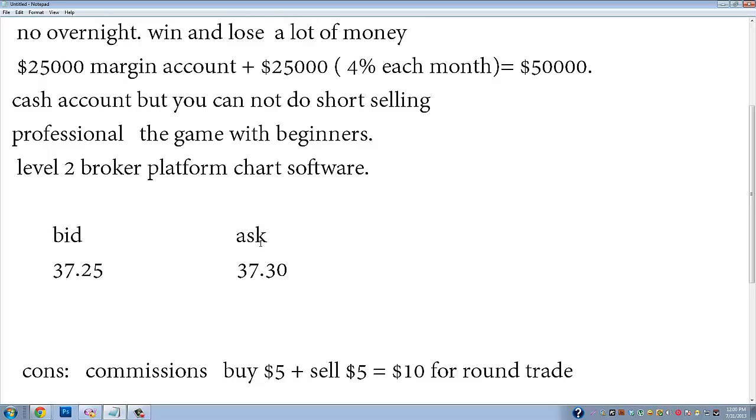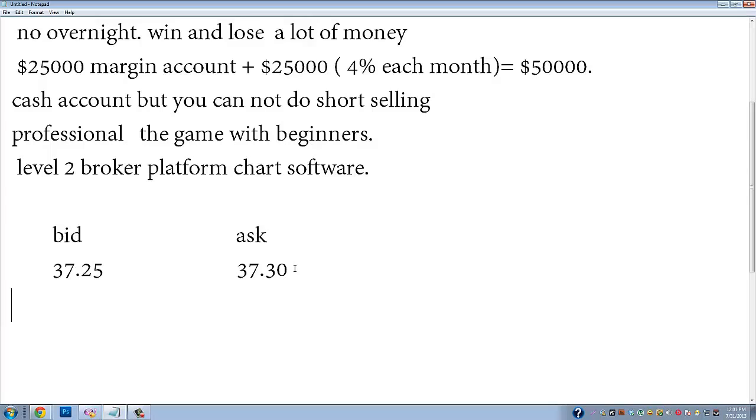The ask means they ask you if you want to buy. You buy from this and you sell from this. If you have some shares, you sell here, and if you want to buy, you buy from here.